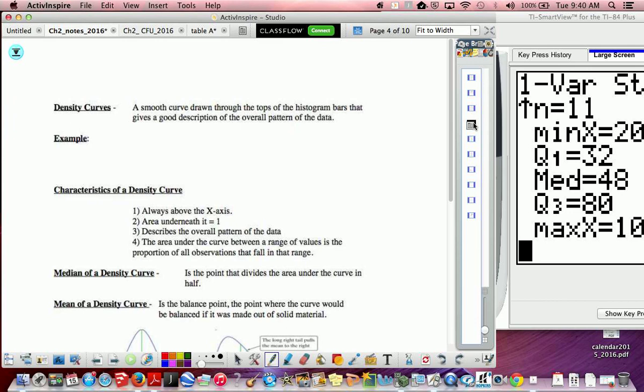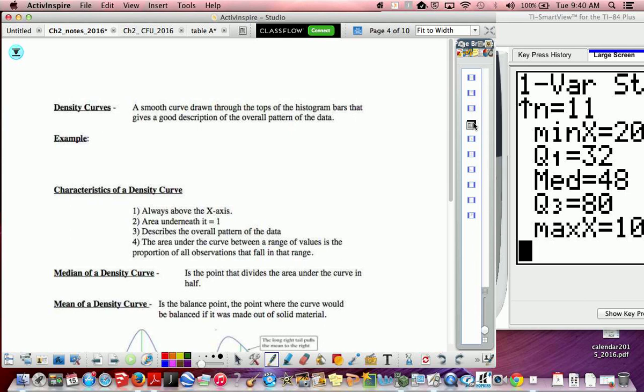Now, what we lead into after linear transformations is what we call density curves. We've actually been doing a little bit of density curves already in chapter 1 when we tried to help ourselves describe the shape of a distribution.